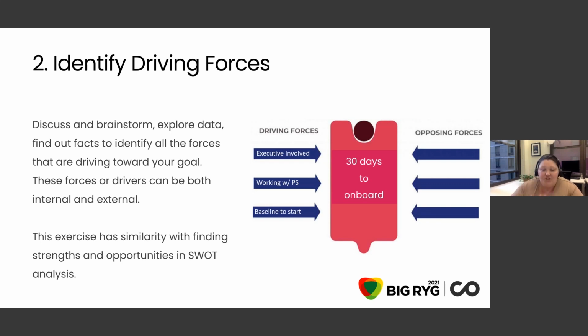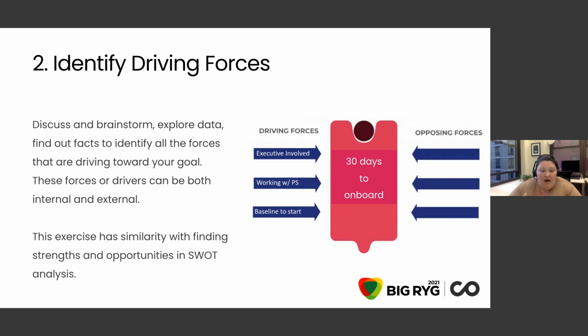We had a much longer list than three, but a couple of examples that we found were things like executive involvement. When the executive was involved, that really helped push onboarding because we could get the customer to do what we needed them to do faster, because the executive, the person who just signed the deal, was like, I want to get this done.